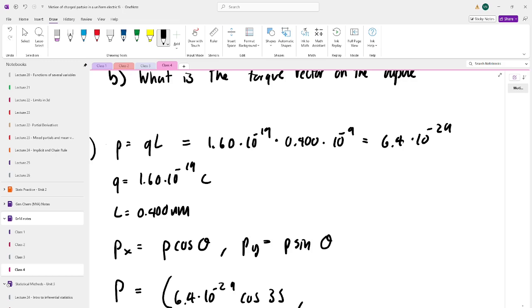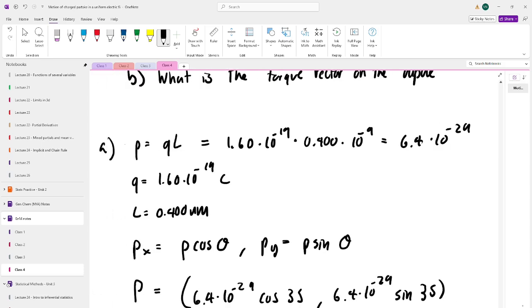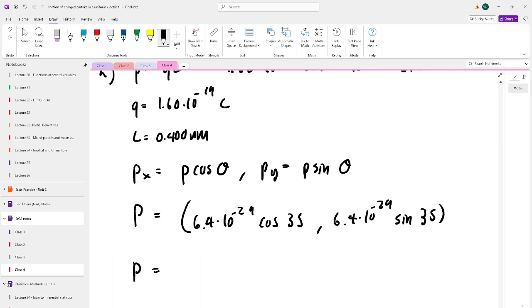And then in the y direction, we'd get that same number, right? Times 10 to the minus 29. But now sine of 35 degrees. And so if we calculate this, we get that 6.4 times 10 to the minus 29 cos of 35 gives me 5.24 times 10 to the minus 29.